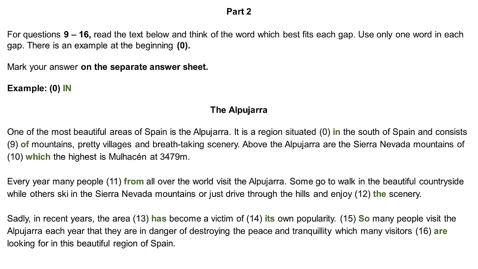Number 14, its, thing belonging to it. The area has become a victim of the area's own popularity or its own popularity. That's a pronoun replacing the word. Number 15, so many people. Number 16, are, an auxiliary verb, the present continuous tense. So that's part 2 of the use of English paper.